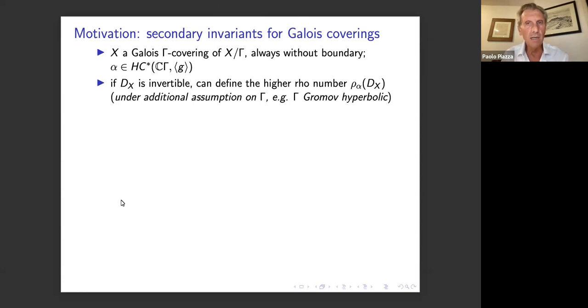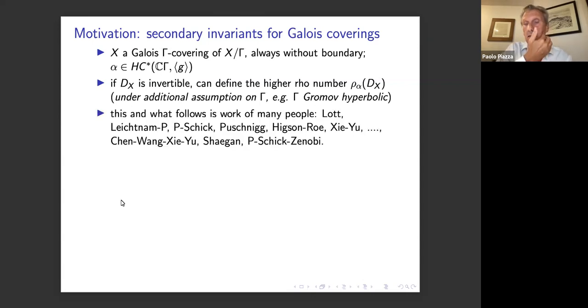This is a very delicate point, which kind of algebra you have to use in order to define these numbers. And there has been really a lot of work on these numbers, starting with Lott, then I did some work with Leichtnam and Schick.